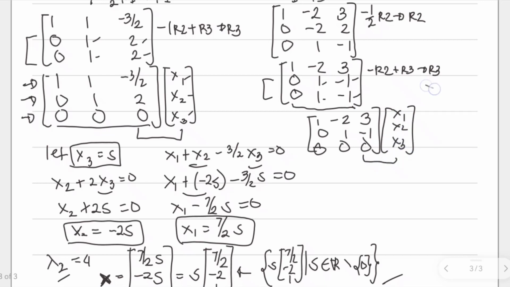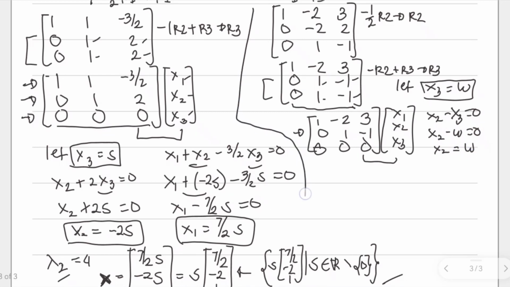Your x sub 3, let us make this equal to w, another arbitrary constant. Using that for our second equation, you have x sub 2 minus x sub 3 is equal to 0. x sub 2 minus w equal to 0. x sub 2 is w. Let's separate this, by the way.